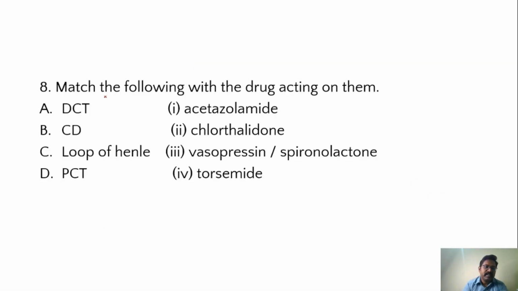So next, coming to the 8th question, that is match the following with the drug acting on them. Here you need to find out the site of action of these diuretics.